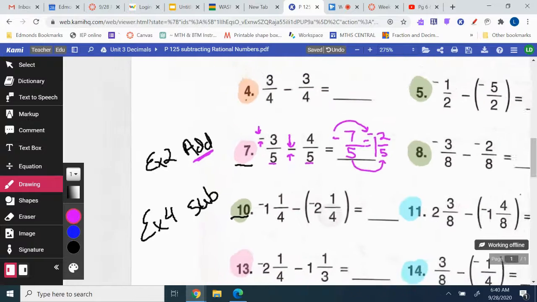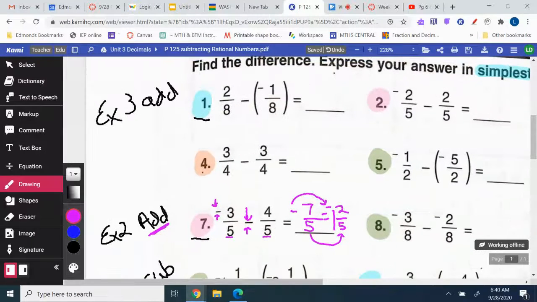So our third example is another adding example. But now we have these two negatives right here. And really, we're going to talk about this tomorrow, that there's a secret 1 right here and a multiplication sign. So we're multiplying a negative times a negative, which makes it a positive.